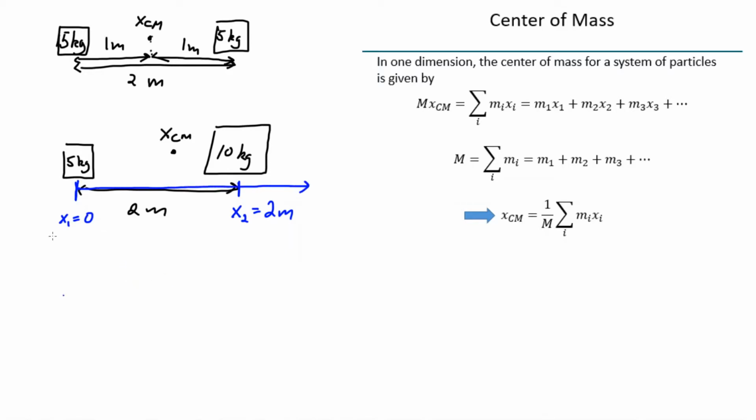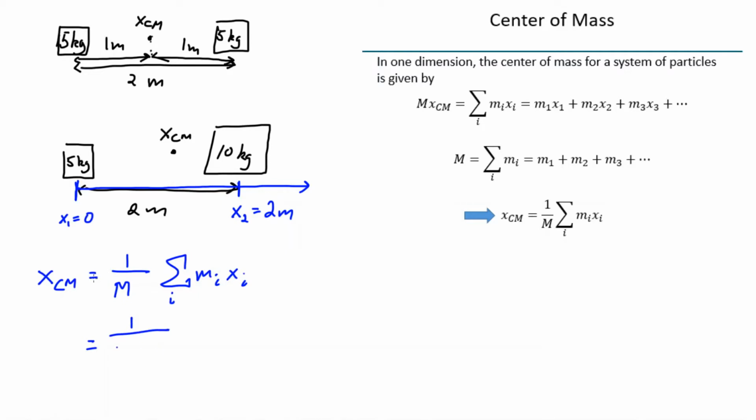Now my formula is x center of mass equals 1 over big M times the sum over i of m_i x_i.